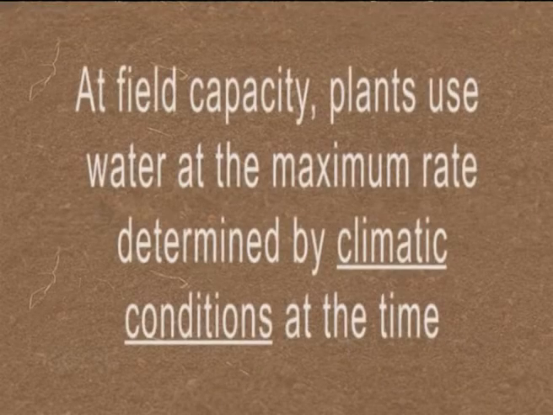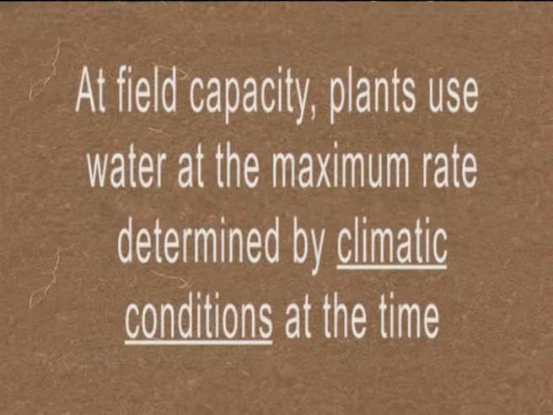As soil dries, the stress that a plant experiences as water is removed from the soil gradually increases. At field capacity, maximum water content, the plant uses water at the maximum rate determined by climatic conditions at the time.